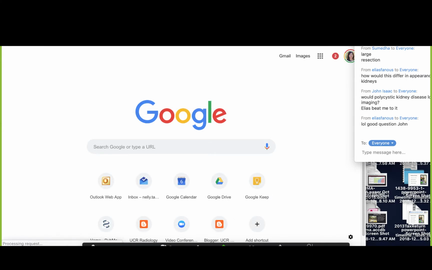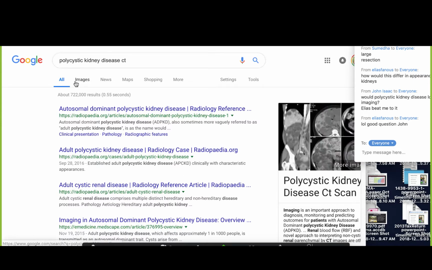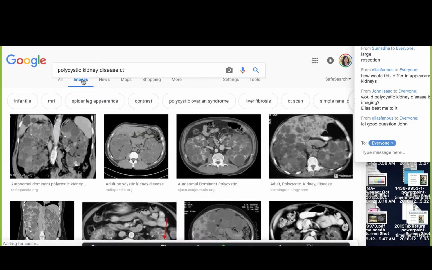They have sort of uniform cysts, and it doesn't look as dirty. The cysts are fluid attenuating, so this is what polycystic kidney disease looks like.